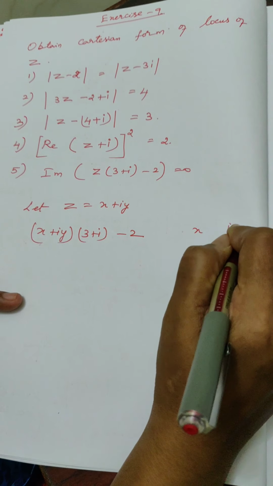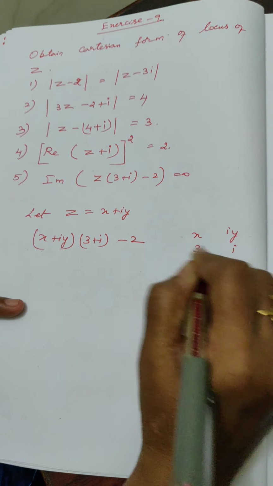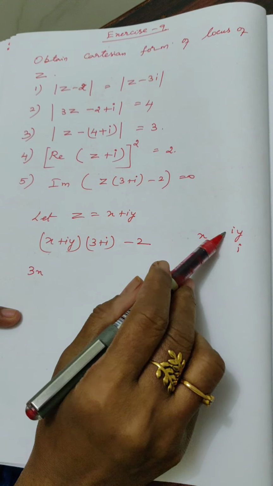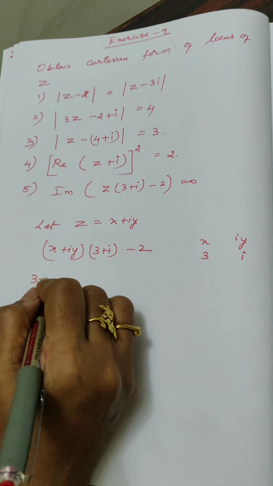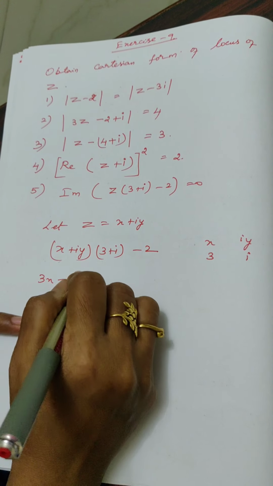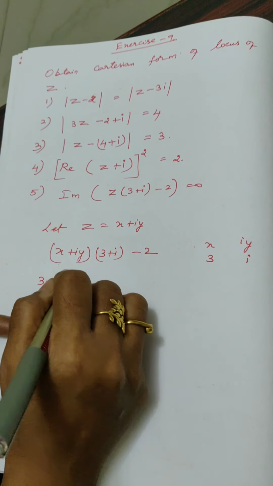x, iy, 3i. Direct multiplication gives 3x. Direct multiplication, i squared is minus 1, into y gives minus y, minus 2. You already know how to multiply complex numbers. Plus i times the cross multiplication, I have taken i outside to get the imaginary part.